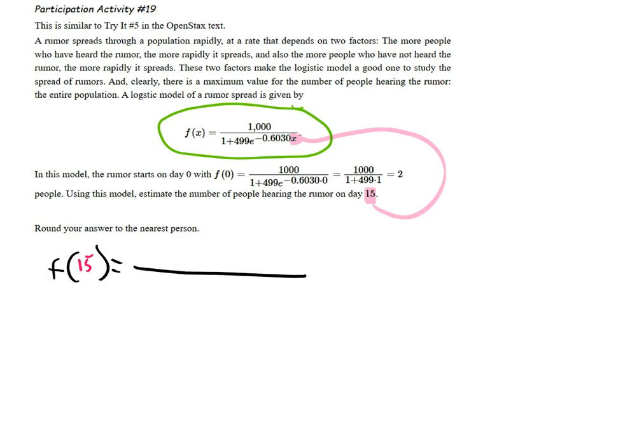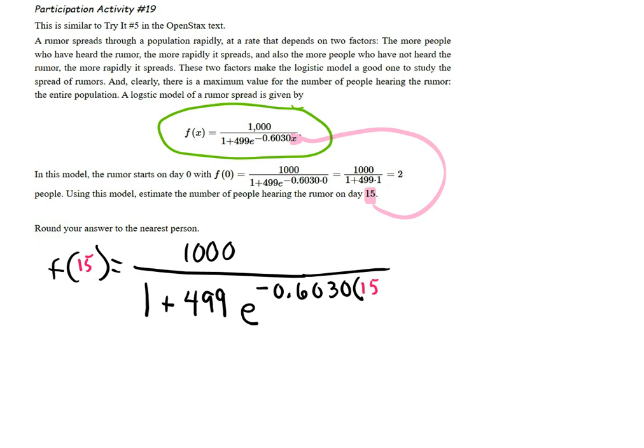So you have to type in 1,000 divided by 1 plus 499 e raised to the negative 0.6030 times 15. Now, depending on your calculator, I have a fraction button on my calculator.